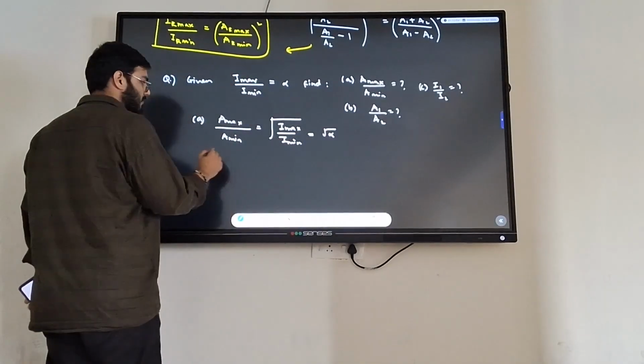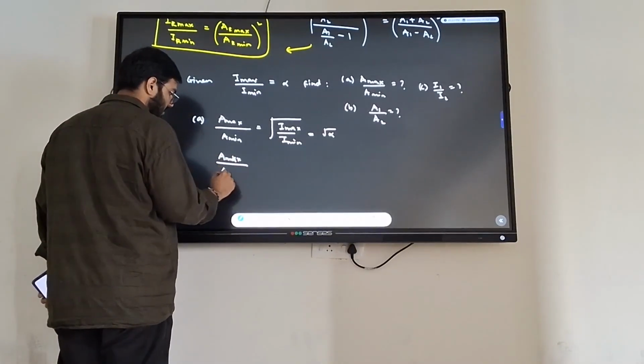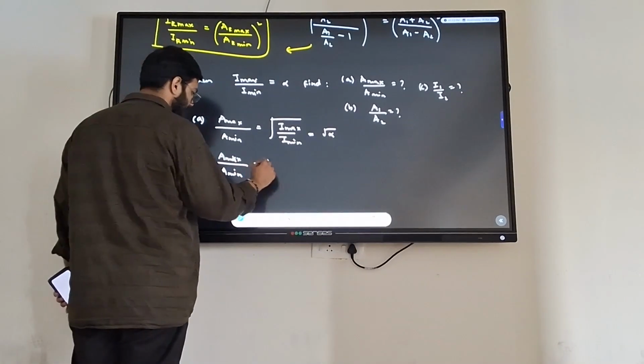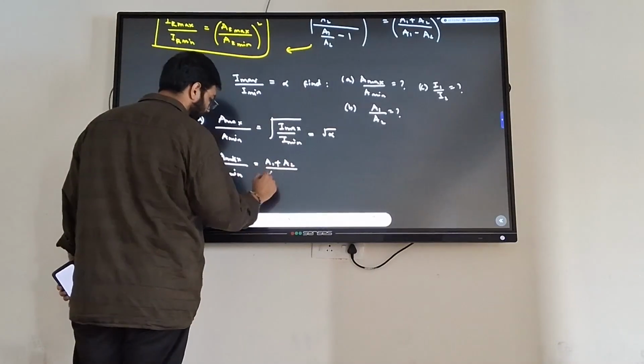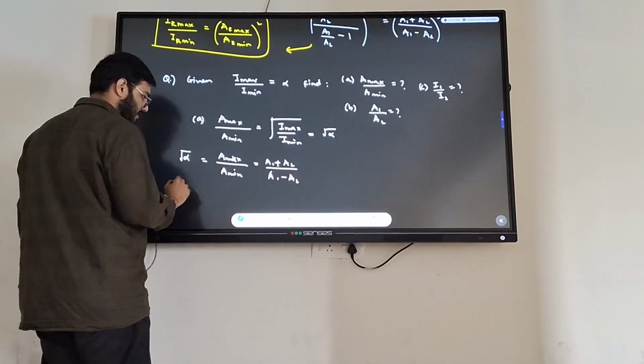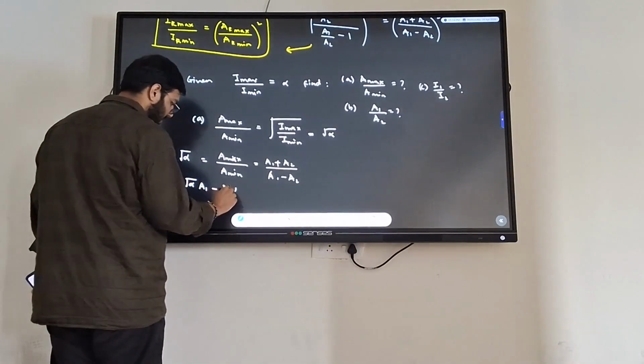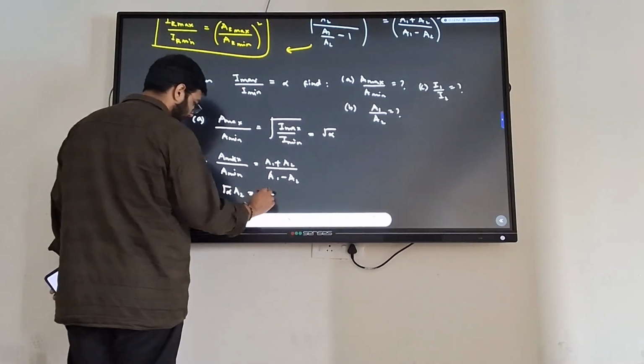That's done. Now what is A max by A min? That's A1 plus A2 divided by A1 minus A2. That is root alpha. That means root alpha A1 minus root alpha A2 equals A1 plus A2.